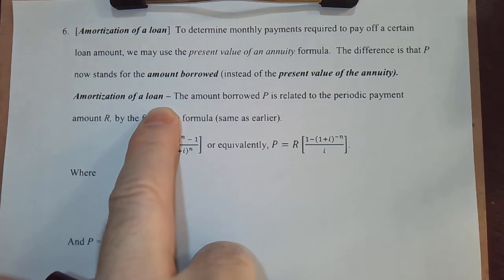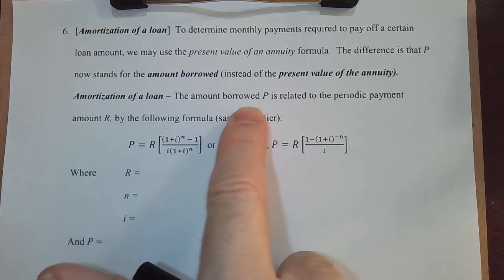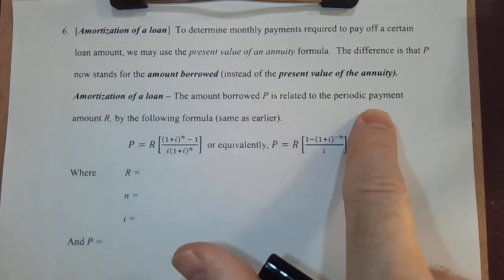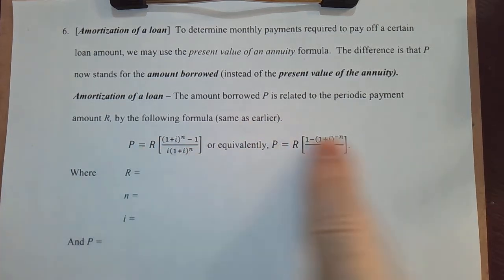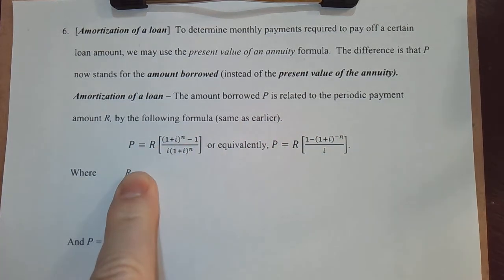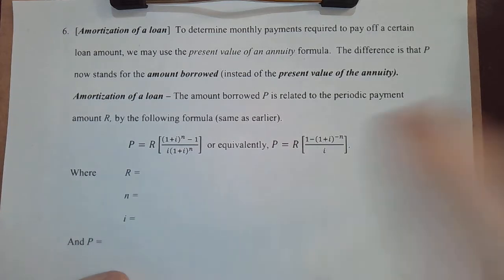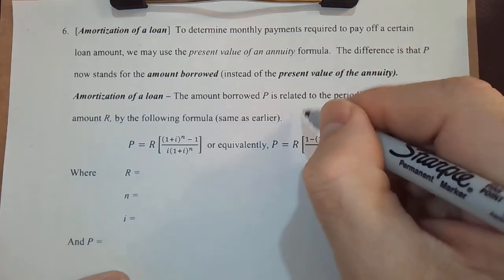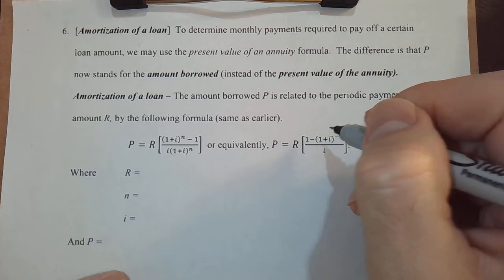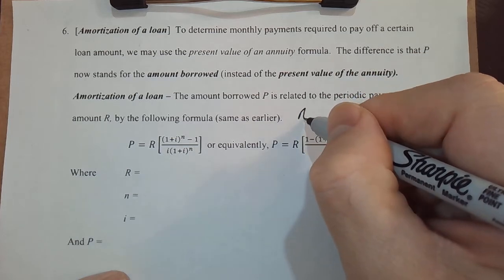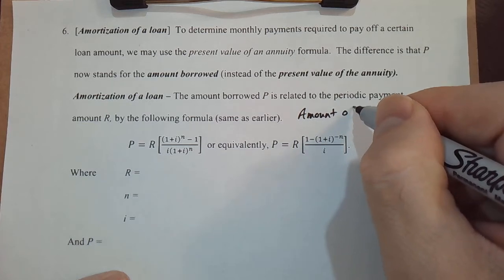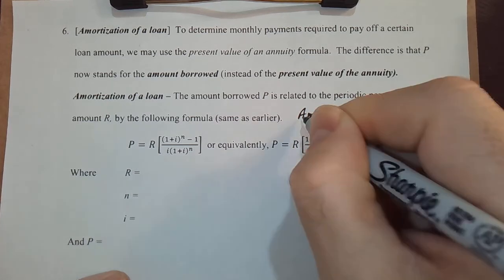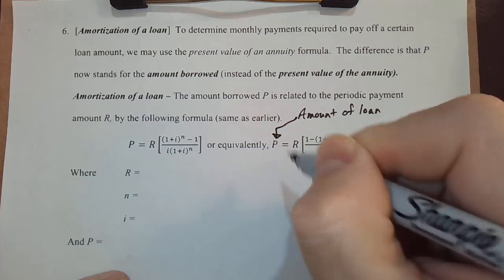In the amortization of a loan, the amount borrowed P is related to the periodic payment amount R by the same formula that we've already used. Just remember, when we're talking about loans, we use the present value of an annuity, and the capital P is the amount of the loan.